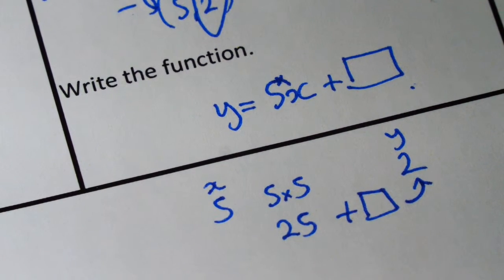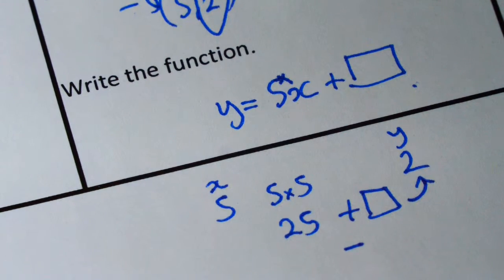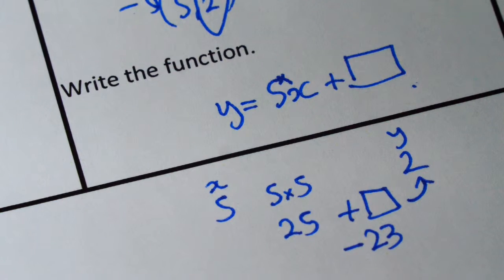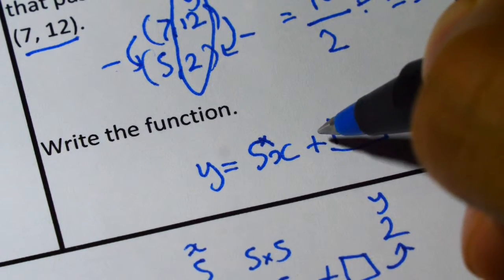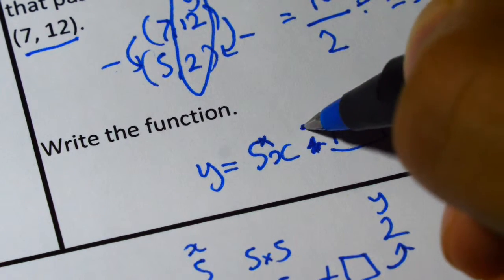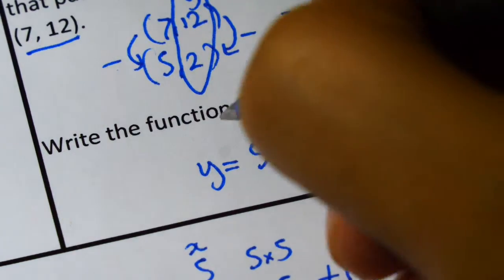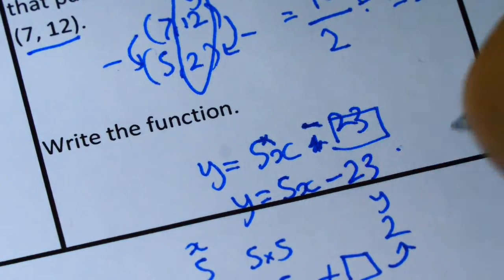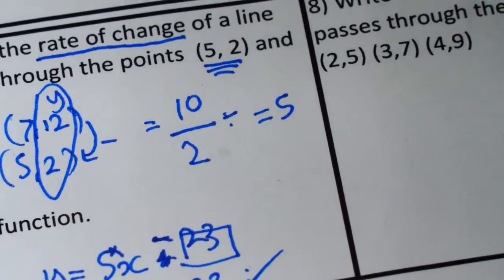Now, it's not going to be a plus, it's going to be a minus. So 25 minus 23 equals 2. So this is actually going to be minus 23. Y equals 5x minus 23. That is our function.